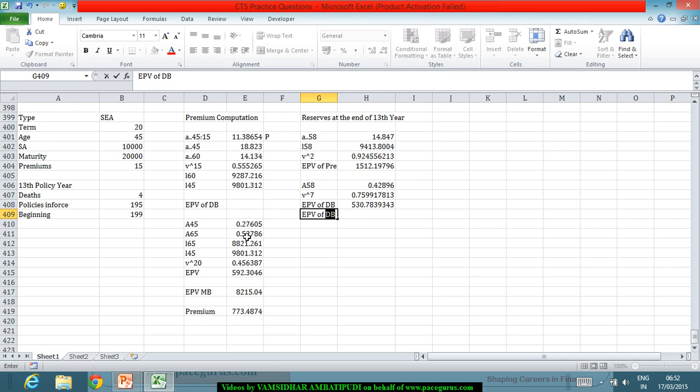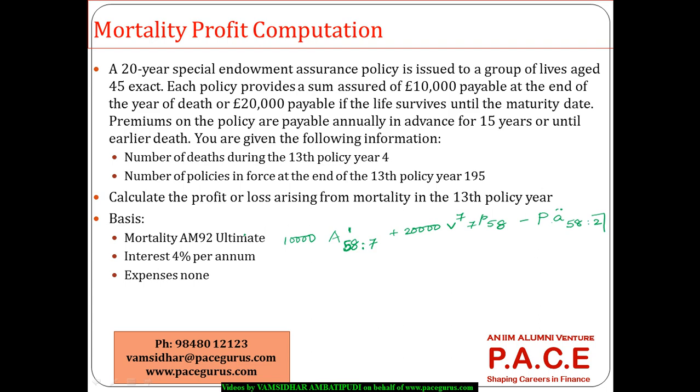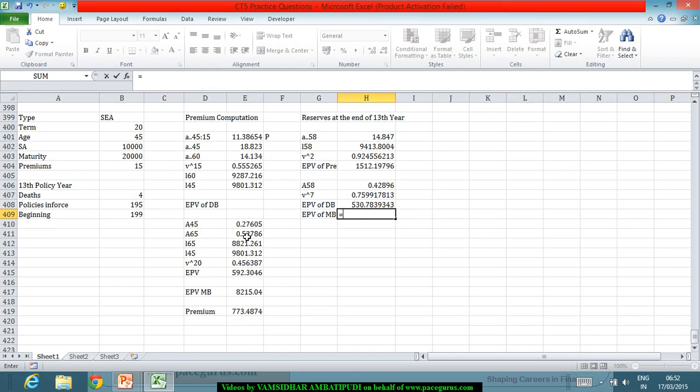Similarly, the expected present value of the maturity benefit is 20,000 V^7 7p58, so 20,000 V^7 times L65 divided by L58.